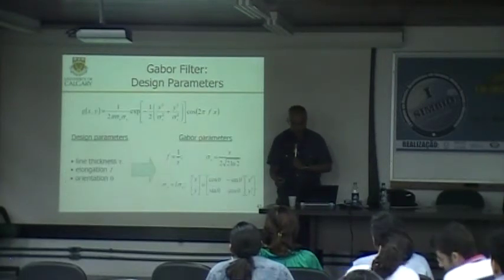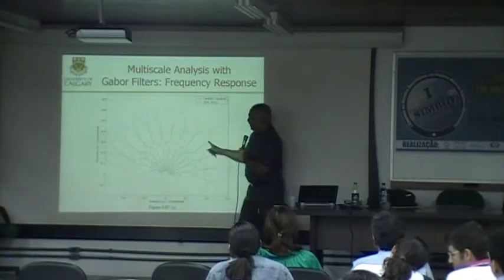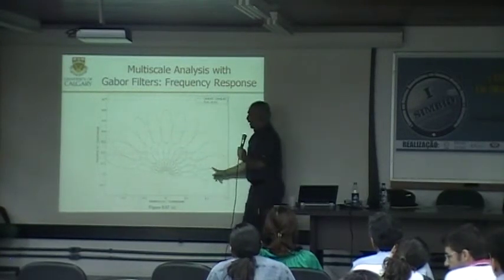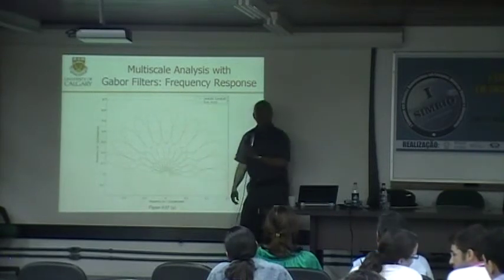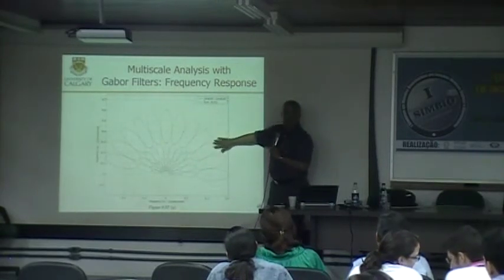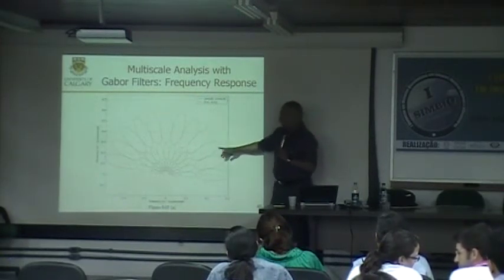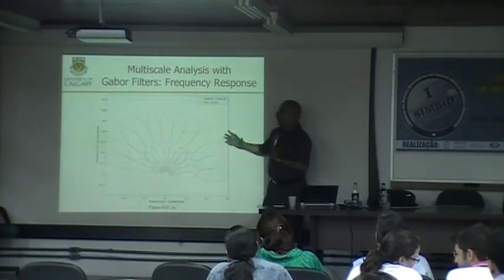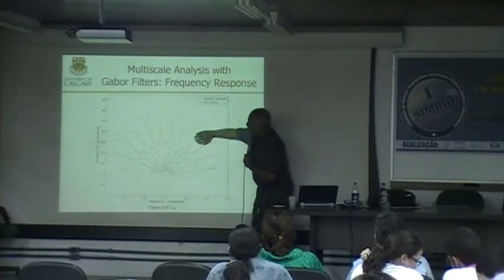What does the bank do? Each filter, this is one scale, 12 angles, another scale, 12 angles, another scale, another scale. So this is the behavior of the bank of wavelet filters in the frequency domain. The Fourier transform is broken into these pieces.